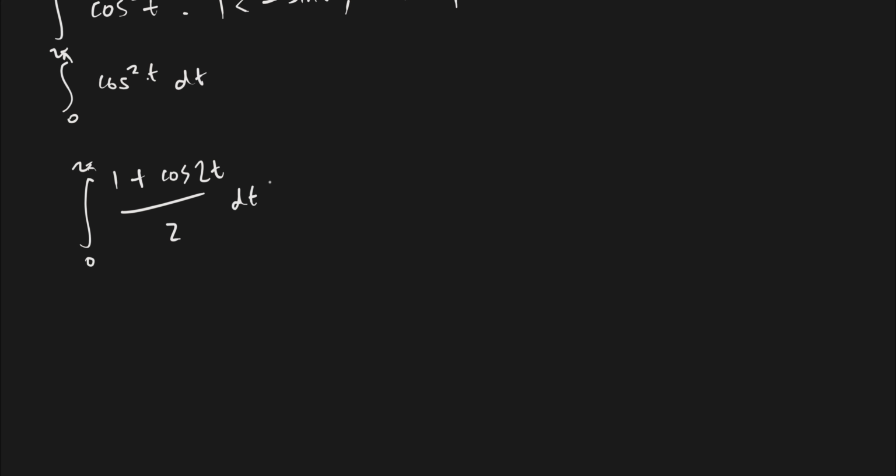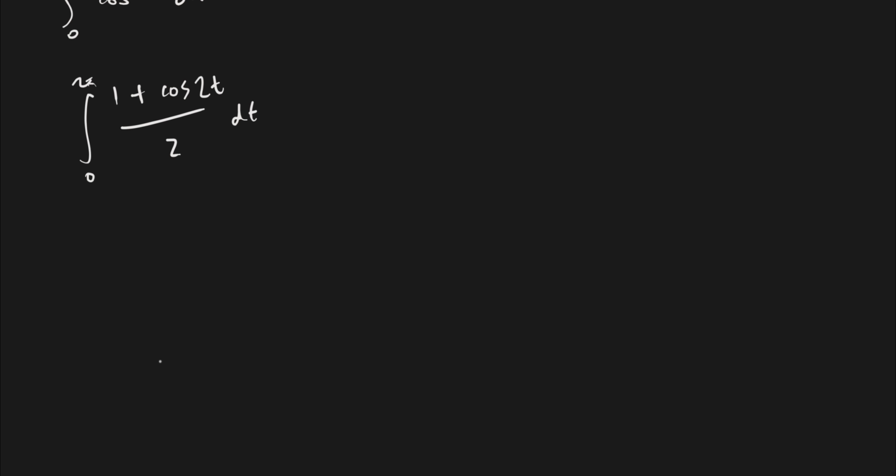Okay, so now we compute this relatively simple integral. We are going to get 1/2 t plus 1/2 cos 2t, which is going to go to 1/4 sine 2t.